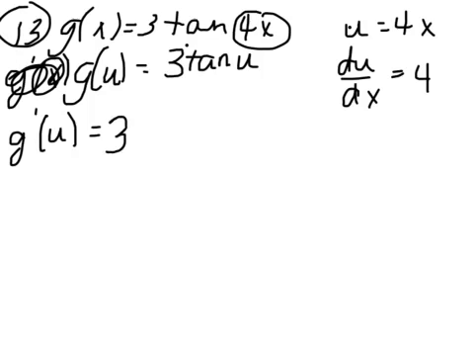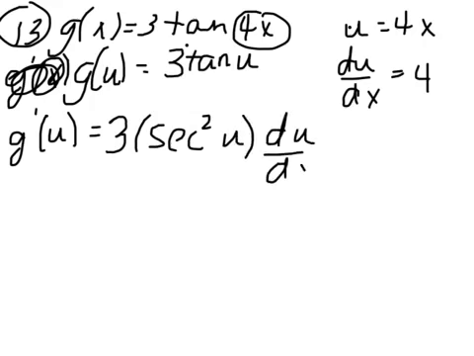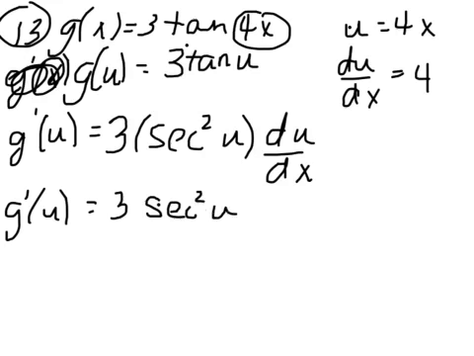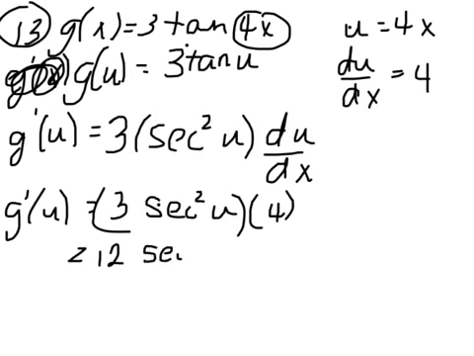I have to flip because I always forget it. It's secant squared, so it would be 3 secant squared u, but then I've got to write the derivative of u with respect to x. Well, it would be 3 secant squared u, and then du dx is 4. So we've got 12 secant squared u.